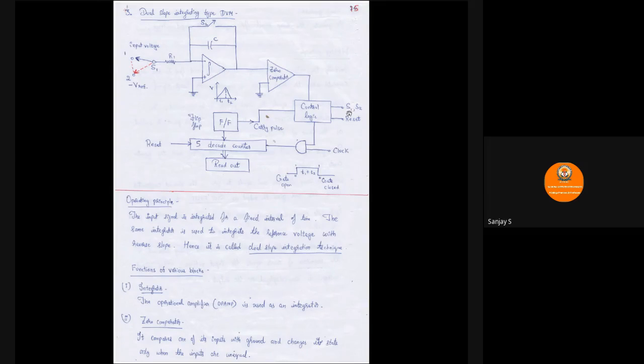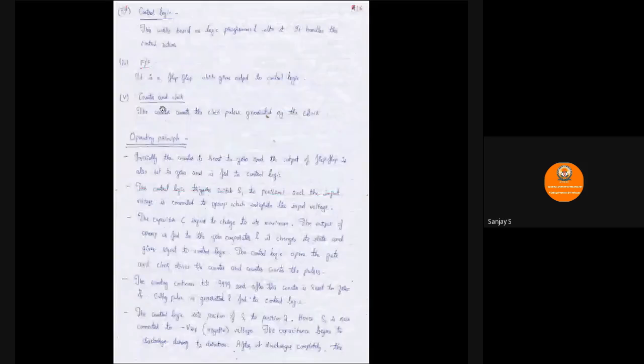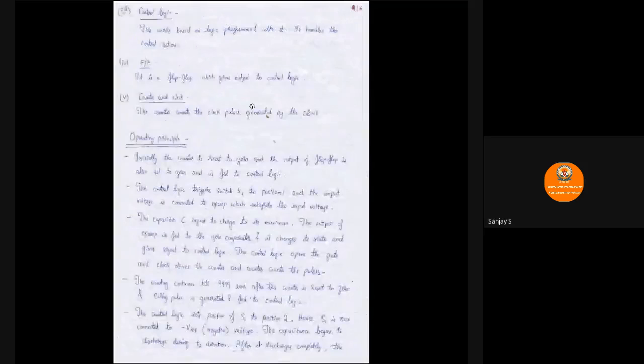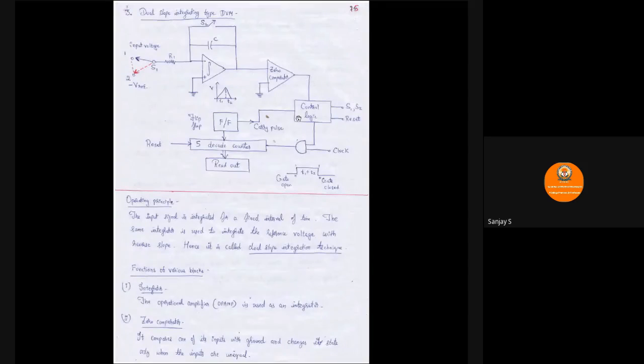Now switch S1 will be put to position number 2, which is negative reference voltage. So when negative reference voltage is connected, the capacitor begins to discharge. After the discharge of the capacitor happens completely, the output of the op-amp becomes 0 and the gate gets closed.